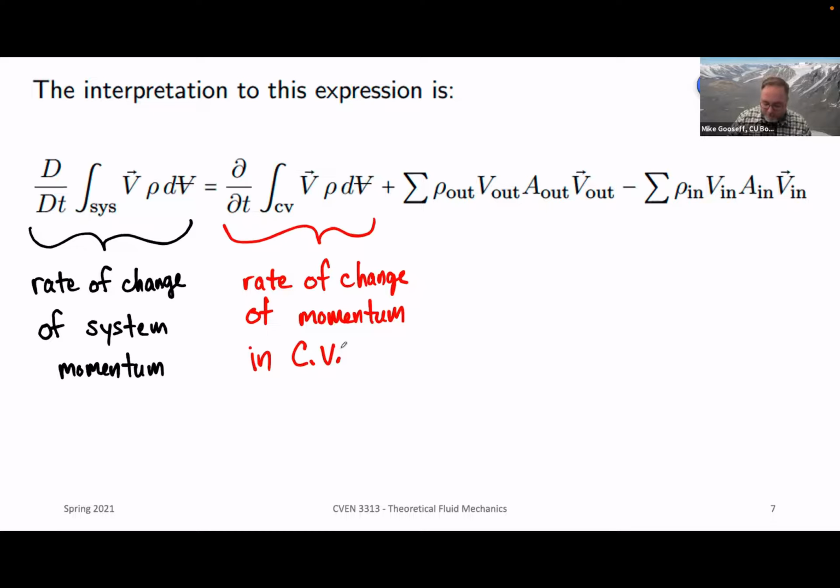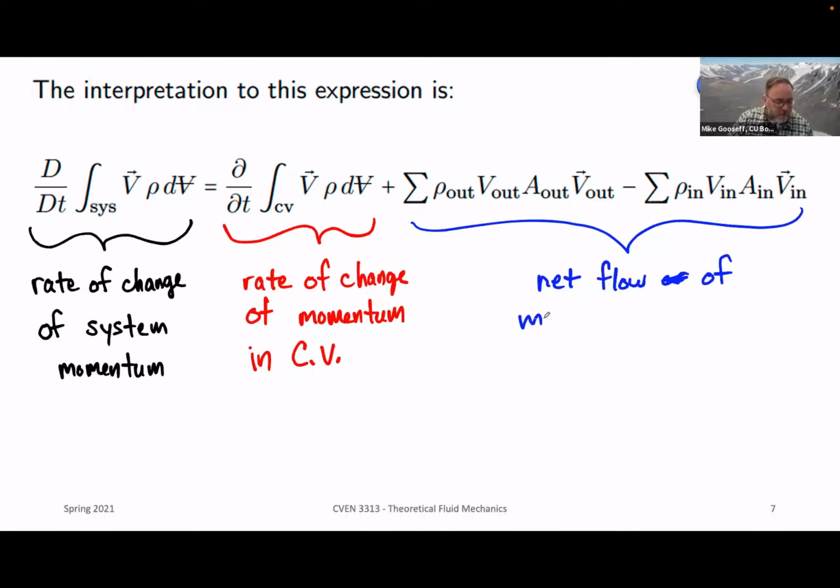And then, as we've talked about before with our Reynolds transport theorem, of course, these last two terms are quantifying the net flow or exchange of momentum across the control surface, right?